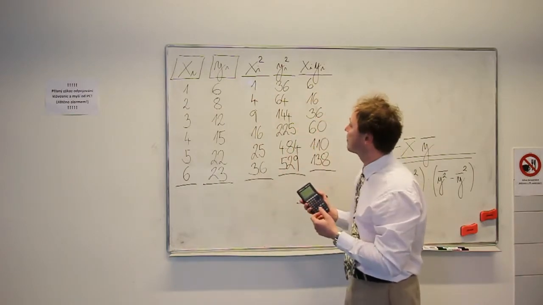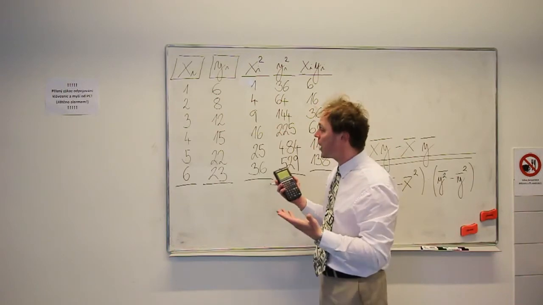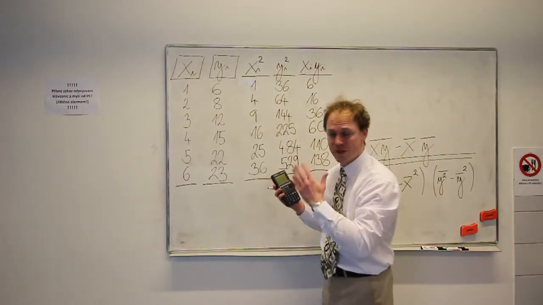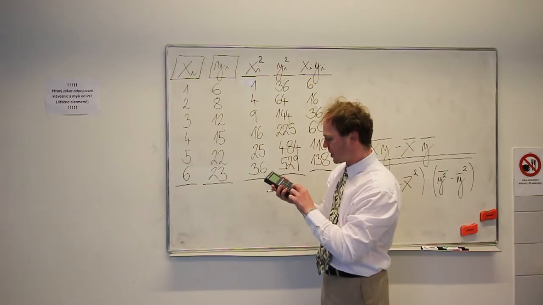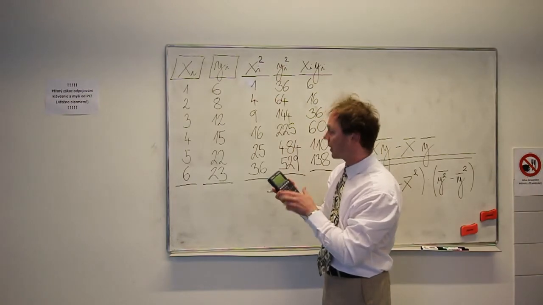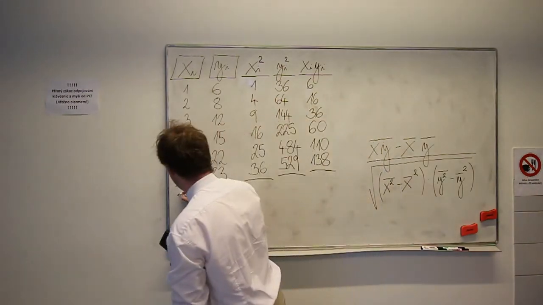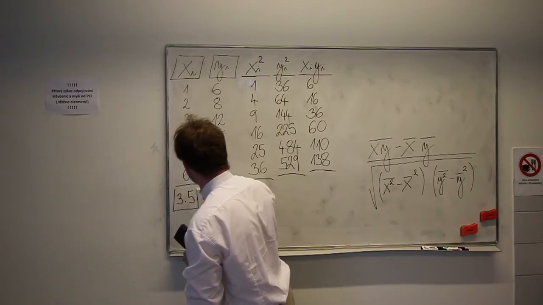Yes, it will be very sad if you will not be able to solve the mean in the 5th seminar. So 1 plus 2 plus 3 plus 4 plus 5 plus 6 divided by 6 is 3.5. 3.5 is the first mean.